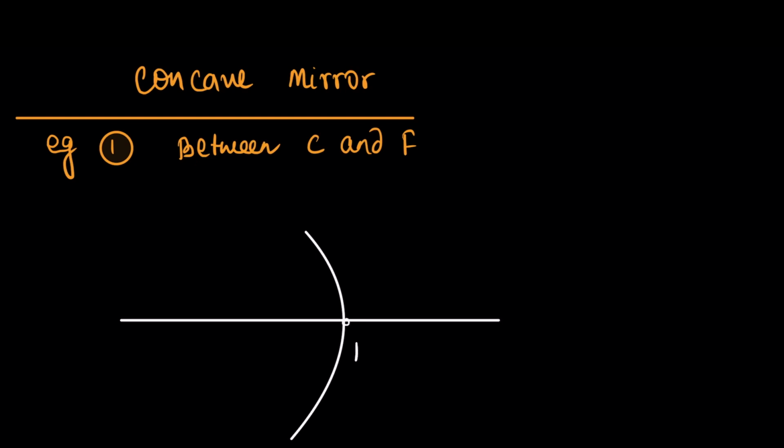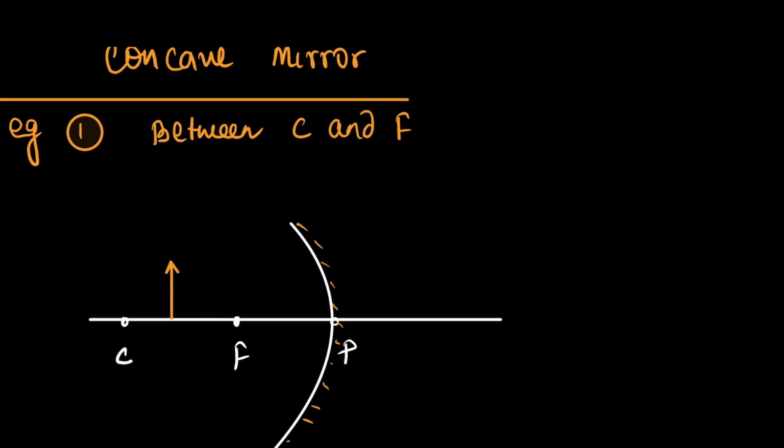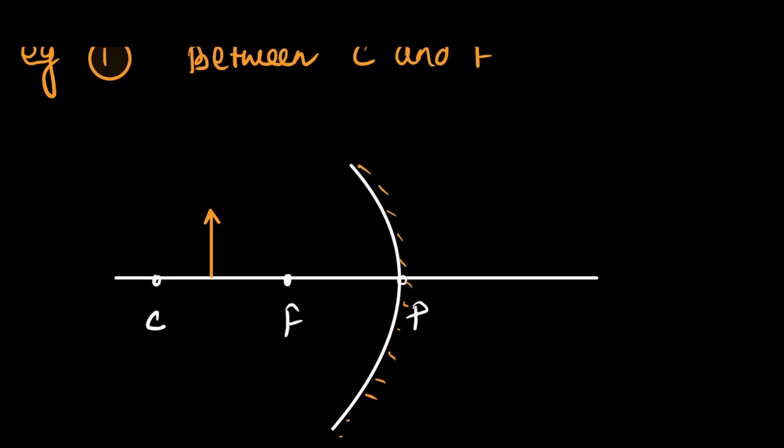Here is the pole, focus, center of curvature, and here is our object, which lies between C and F. I can zoom it. Let's take the two rays. One is parallel. Parallel will pass through the focus, and second through the pole.